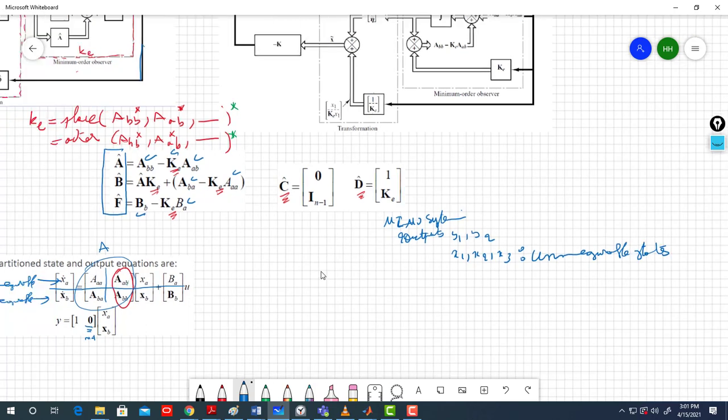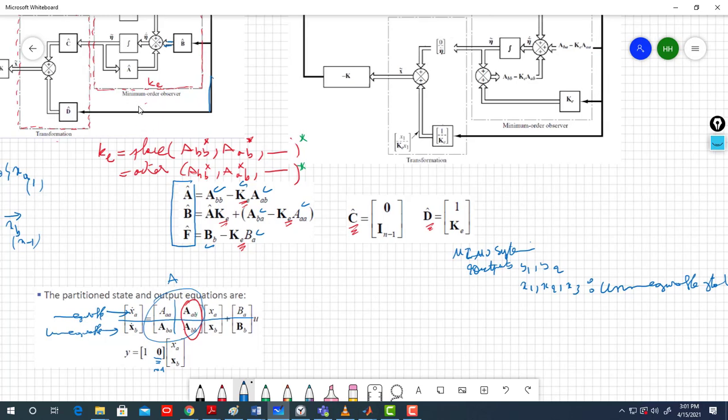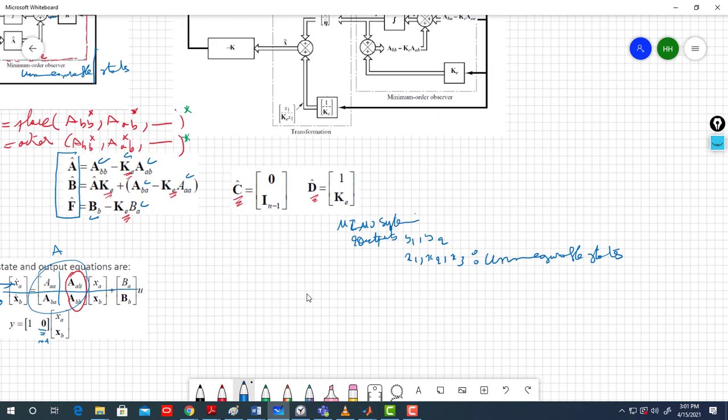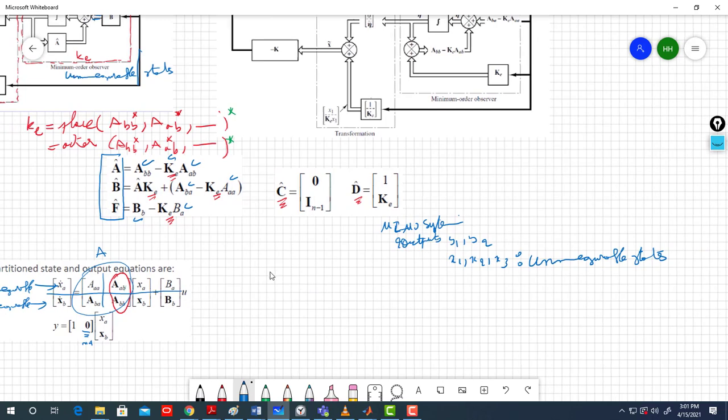Remember, your minimum order observer is for the unmeasurable, unavailable states. So if I have three unmeasurable states, then KE should be of length 3, right? And remember, KE transpose, so that's why KE is actually like this, KE1, KE2, maybe KE3. It is like this now.